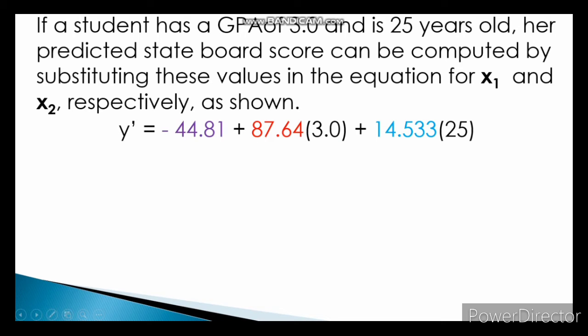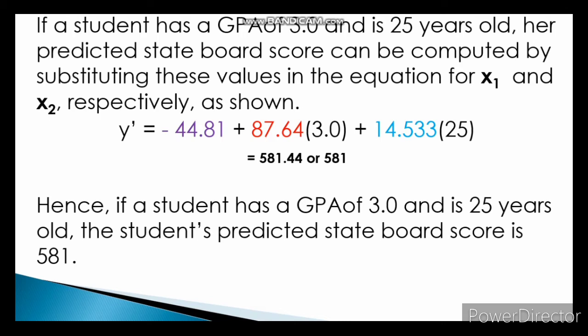So, negative 44.81 plus 87.64 multiplied by 3.0 plus 14.533 multiplied by 25 is equal to 581.44 or 581. Hence, if a student has a GPA of 3.0 and is 25 years old, the student's predicted state board score is 581.